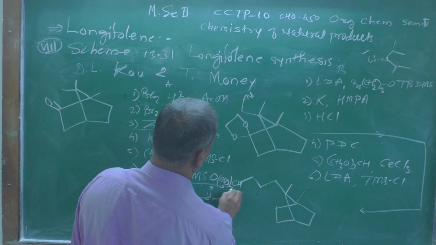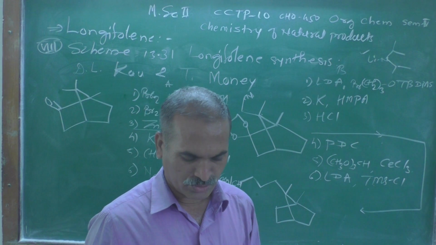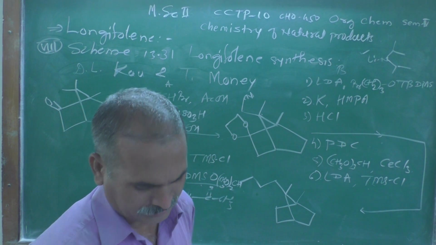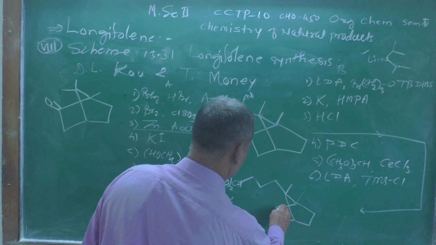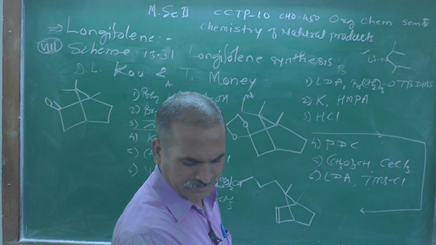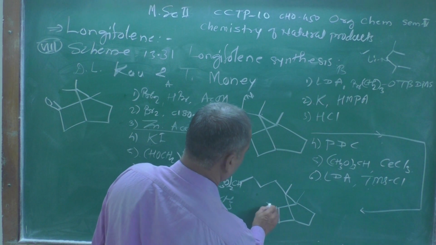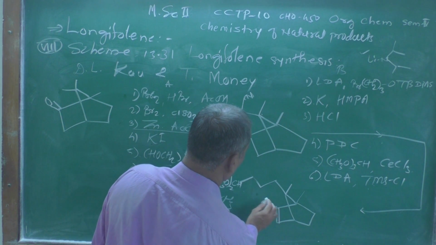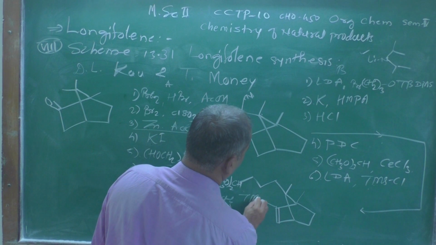CH3O twice, and at this point there is a double bond, and here is an OTMS.